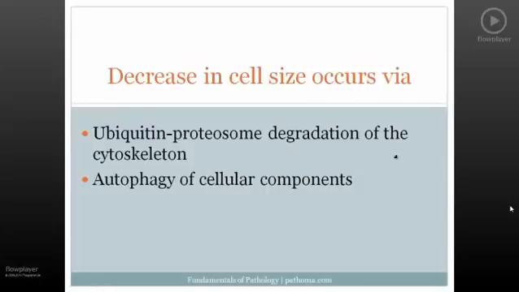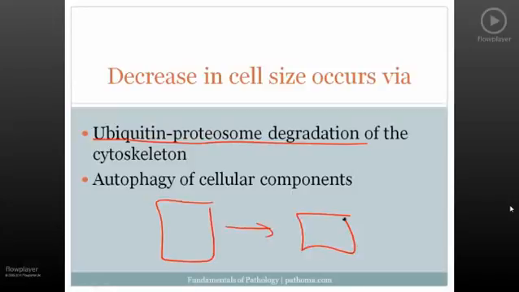A decrease in cell size is going to occur by 2 primary mechanisms. The first is something called the ubiquitin proteasome degradation pathway. Now, what's the idea here? Well, recall that if you've got a cell that's this big, and you want the cell to shrink down to something that's smaller, the skeleton, called the cytoskeleton, that was maintaining the size and shape of the cell has to be broken down so that the cell can become smaller. The mechanism by which the cytoskeleton is broken down is called the ubiquitin proteasome degradation pathway.